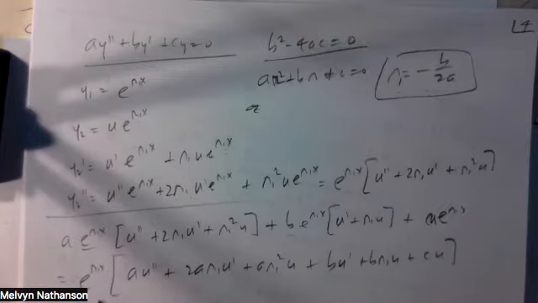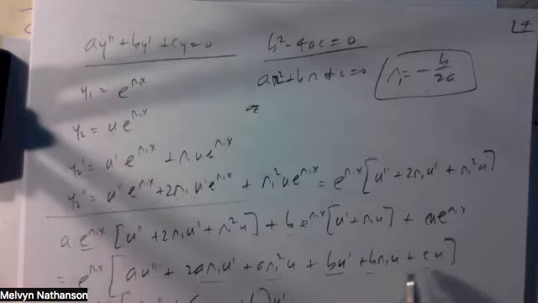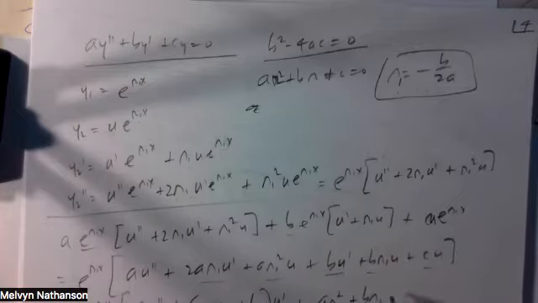Which is equal to e to the r1x times a u double prime plus I have two terms that involve u prime, 2a r1 plus b times u prime. And then I have three terms that involve u, a r1 squared plus b r1 plus c times u.